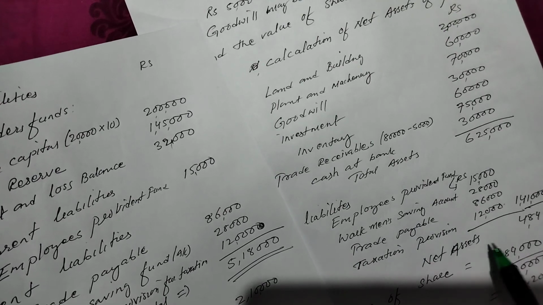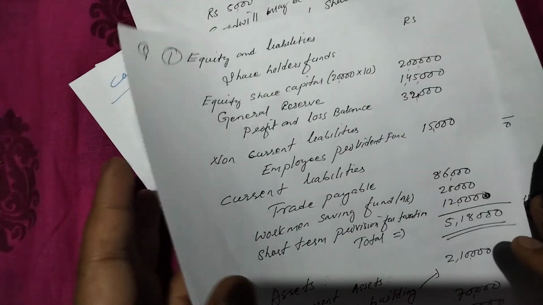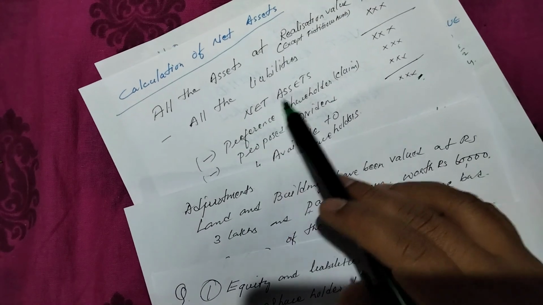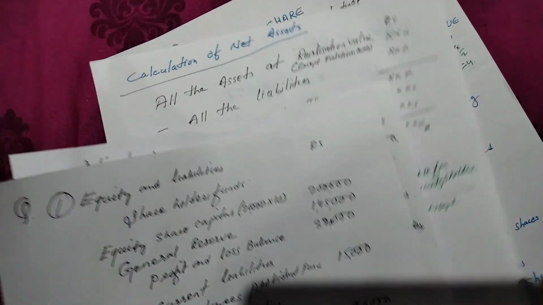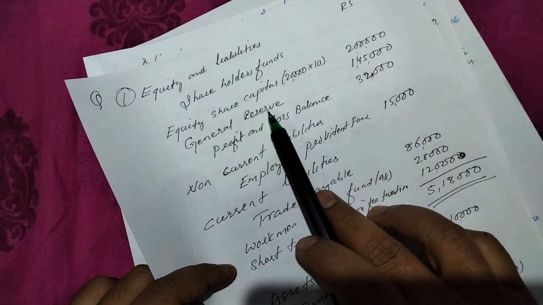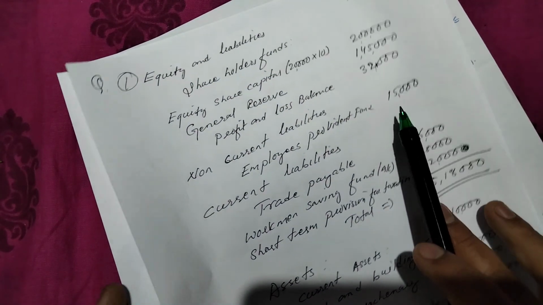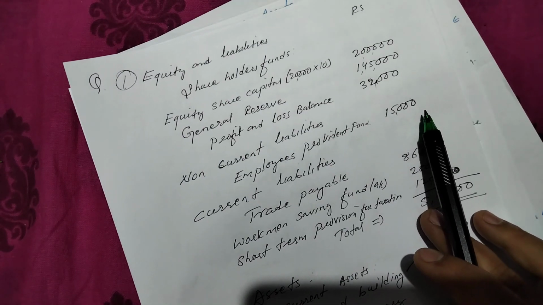So this is the net asset. Now after this you need to deduct the preference shareholders' claims. But we don't have any preference shares in our question. We only have equity shares, then general reserve directly, so we don't have to minus anything.